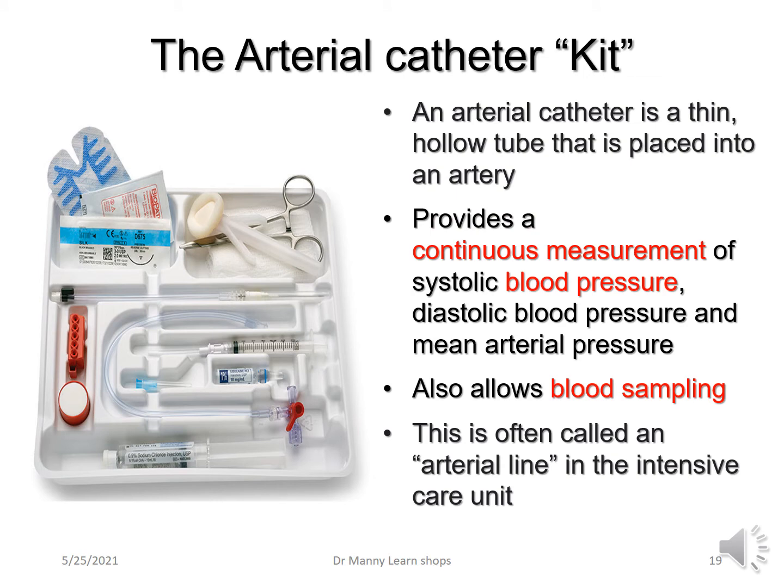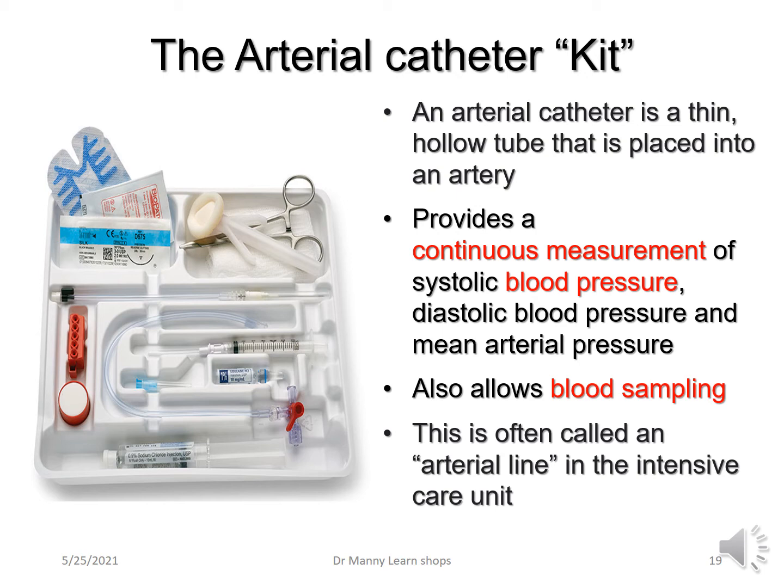What about the arterial catheter? Well, these days they come in kits. An arterial catheter is basically a thin, hollow, polyurethane plastic tube that's placed into an artery.